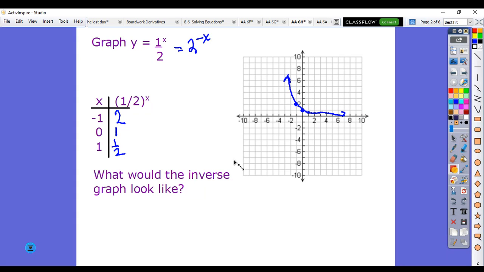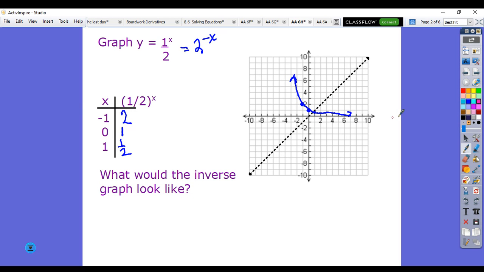And let's consider if we flip this. This is a little bit trickier to see, I think. If I flip this one over, this goes up here. Kind of like this.